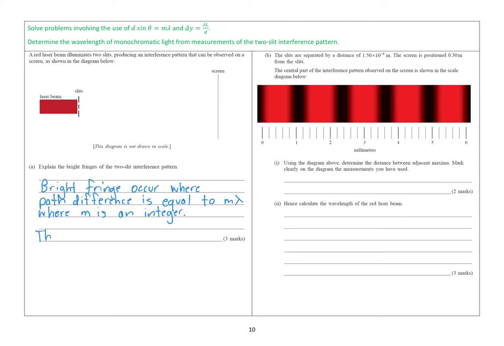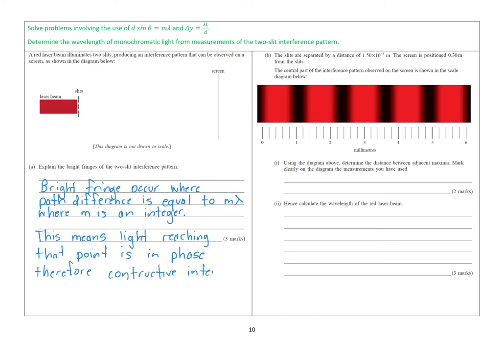This means light reaching that point is in phase, therefore constructive interference occurs, creating bright fringes.